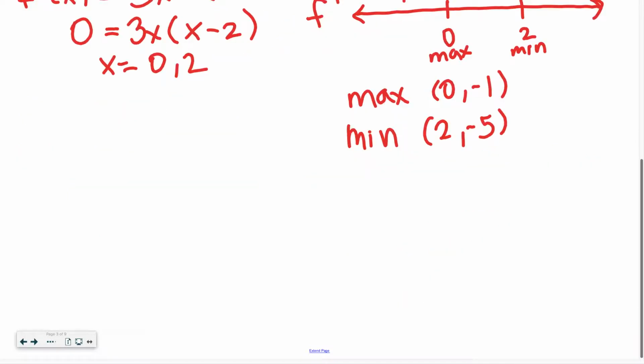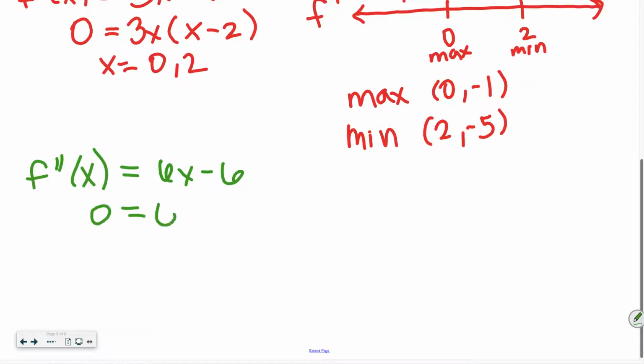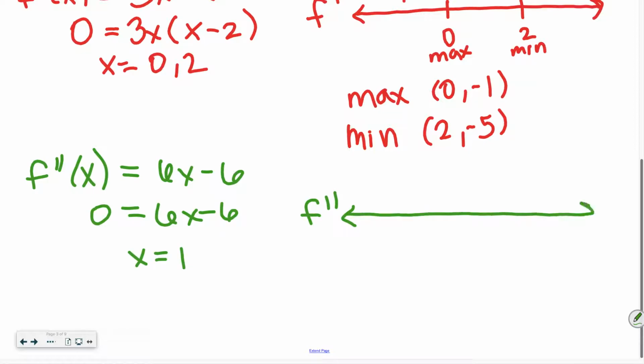One more step: our second derivative. If our first derivative was 3x squared minus 6x, then our second derivative is 6x minus 6. When we set that equal to 0, we have x is 1. Could be an inflection point.